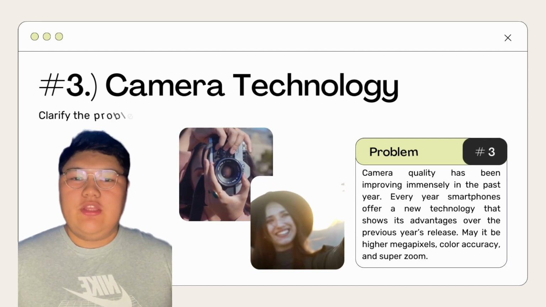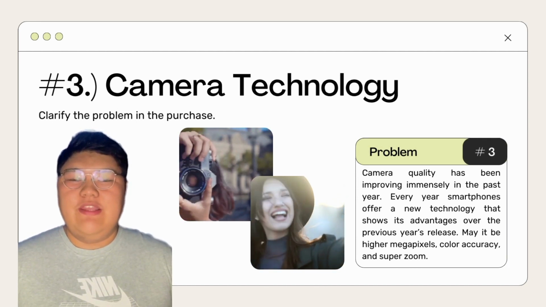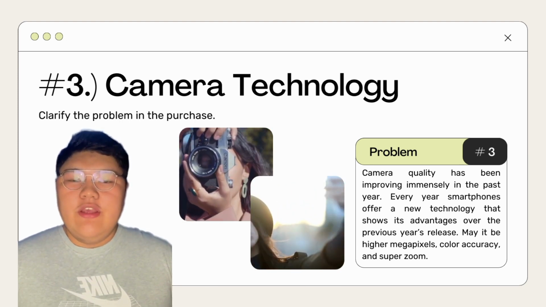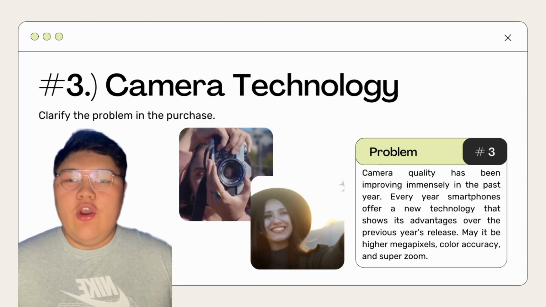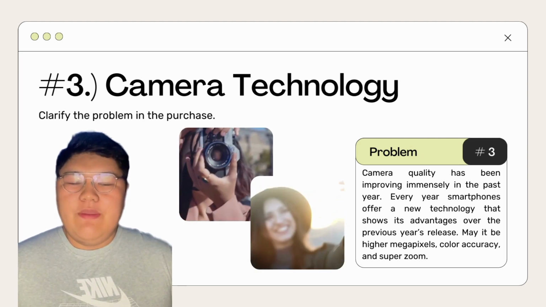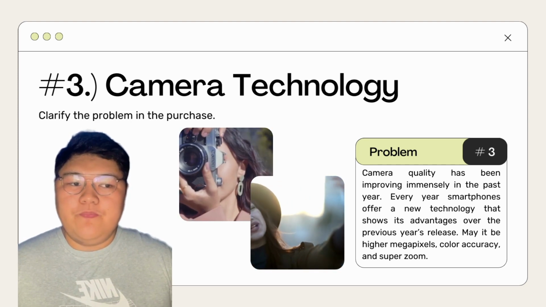Latest camera technology. Camera quality has been improving immensely in the past years. Every year, smartphones offer a new technology that shows its advantages over the previous year's release. May it be higher megapixels, color accuracy, and super zoom.